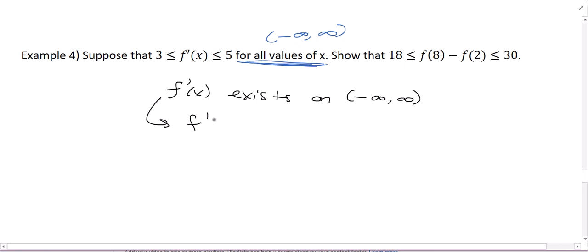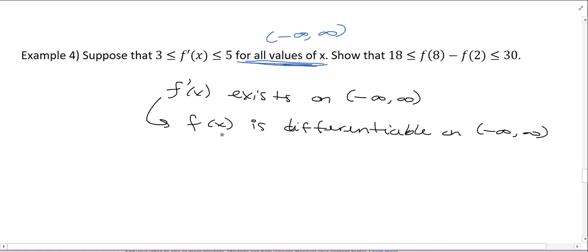Because what this means is that f is differentiable. So since the derivative exists for all real numbers, then f of x is differentiable on all real numbers, all values of x. So if it's differentiable, then we can say f of x is continuous.